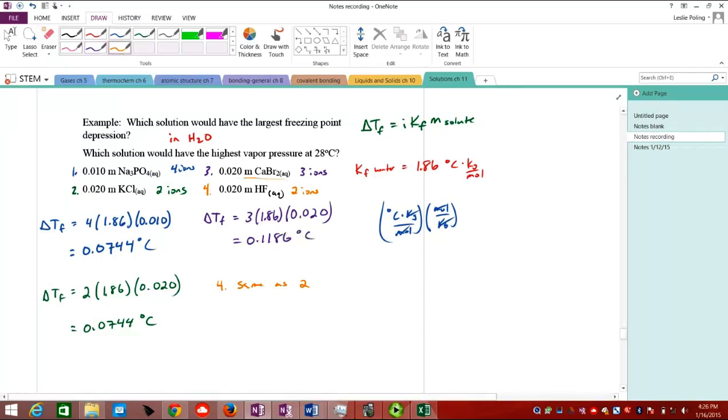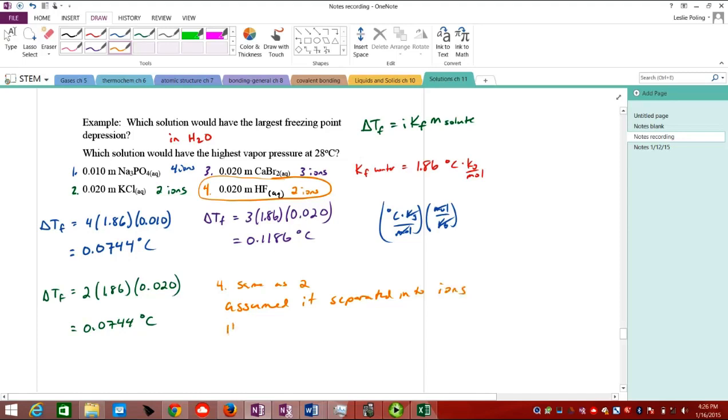Now I want to talk about this one more. Because with all of these others here, we assumed it separated into ions.